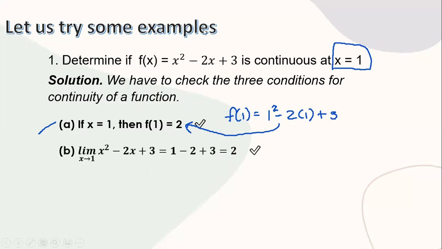Let's now move to the second condition. We'll be evaluating the limit of the function as x approaches 1. Evaluating the limit, we'll just simply substitute as well. So 1 squared minus 2 times 1 plus 3.